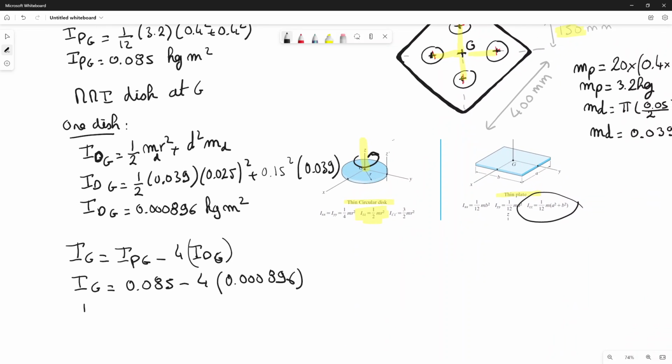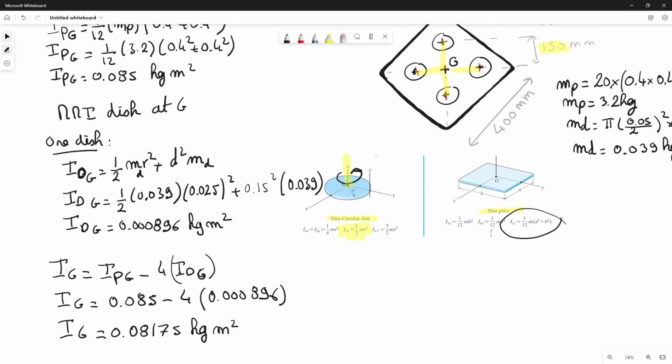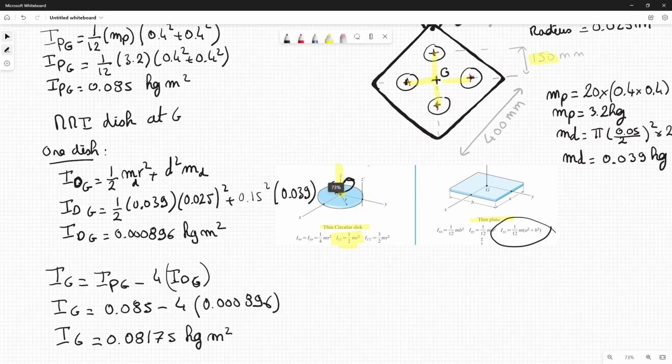That gives us an I at G equal to 0.08175 kilogram meter squared. Are we done? Not exactly, because what we want is the I at O.